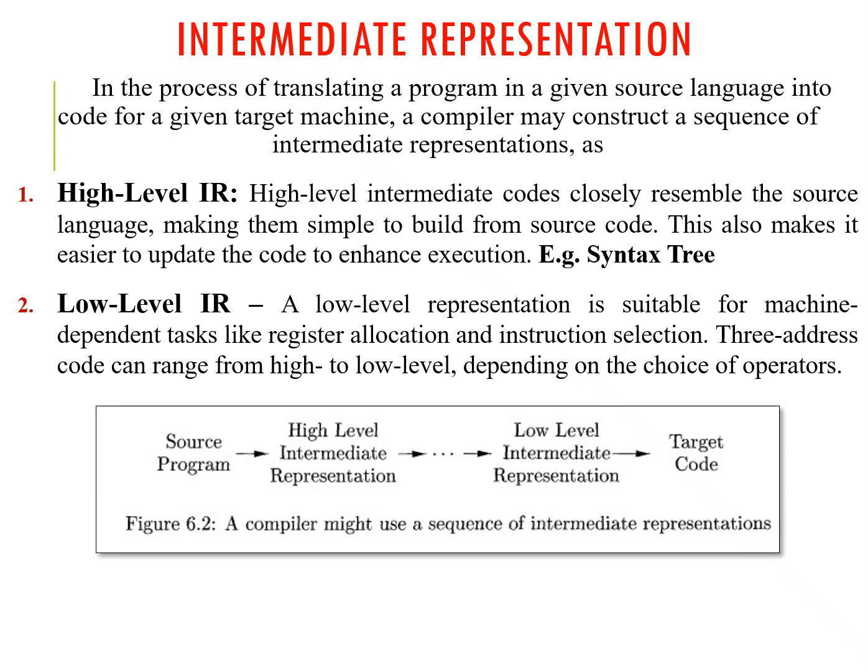High level intermediate codes closely resemble the source language, that is, the high level intermediate representations resemble my source code, whereas the low level intermediate representations are suitable for my target machine. The example given on the slide is the syntax tree for high level representation, and for low level it is something which is related to my target machine.